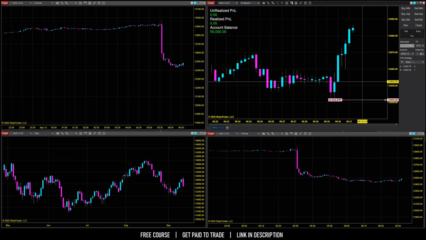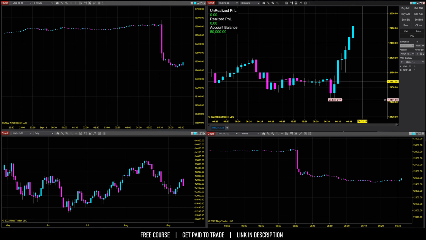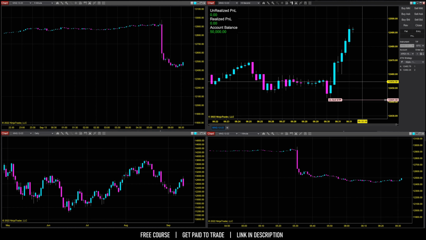But here I'm just looking for a downtrend setup, which again I go over in my course, how I look for those, either downtrends or uptrends on multiple time frames. Keeping things really simple with just basically bar data and sometimes volume, price levels.